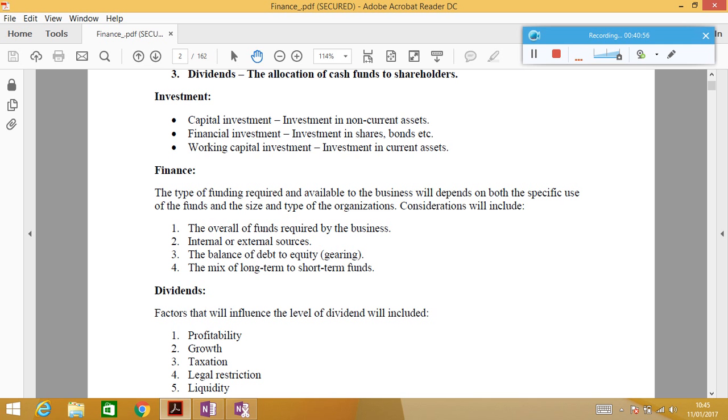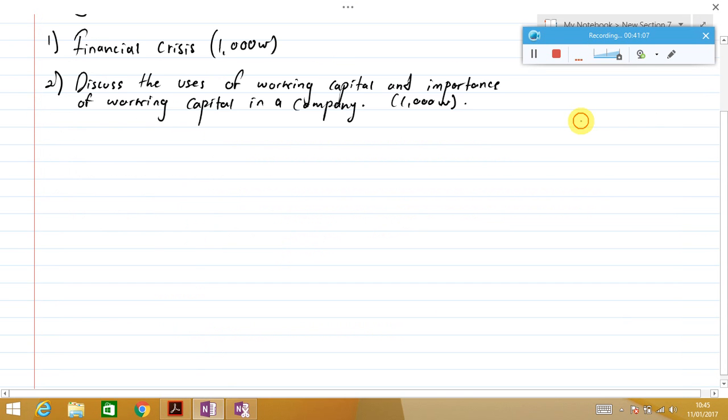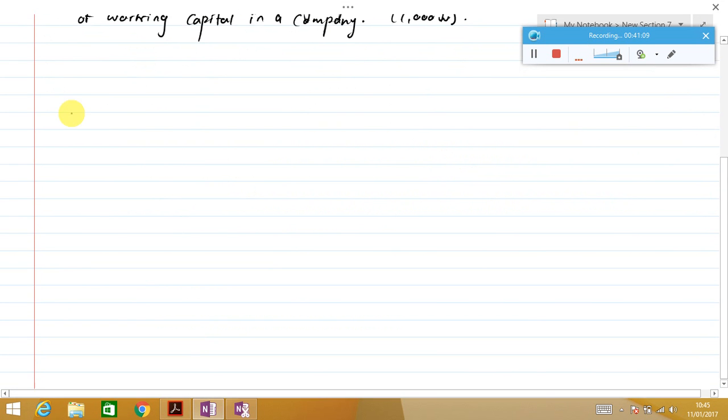Now what is meant by internal source, guys? What is meant by internal? Any idea? Internal source of funds.